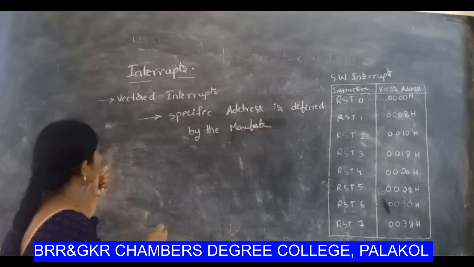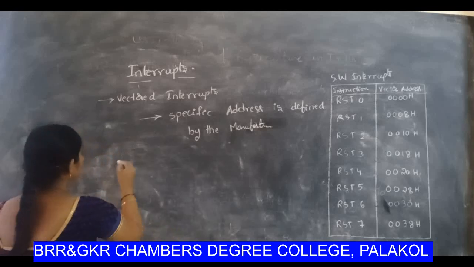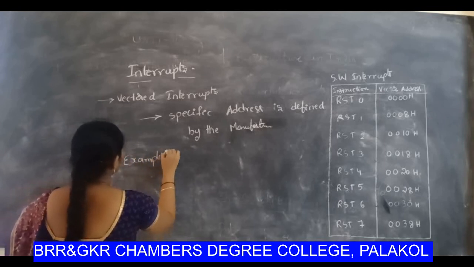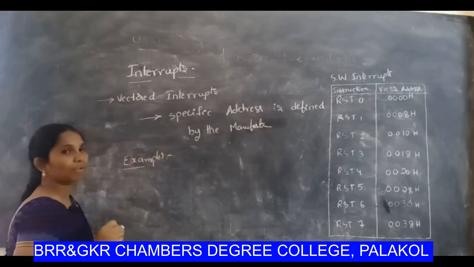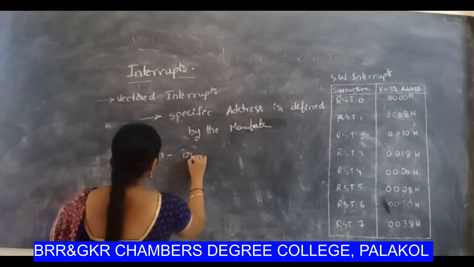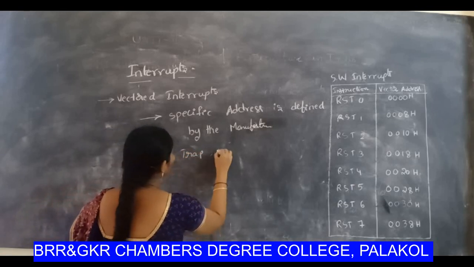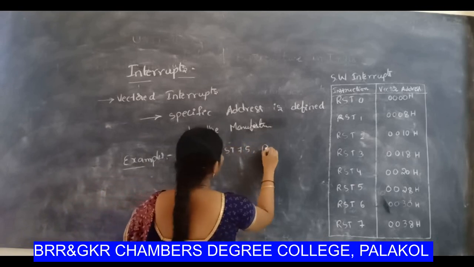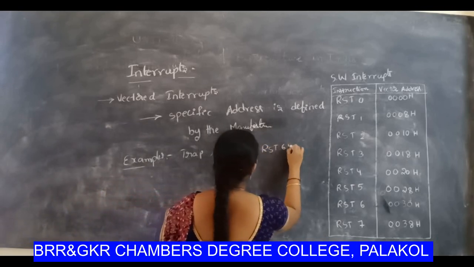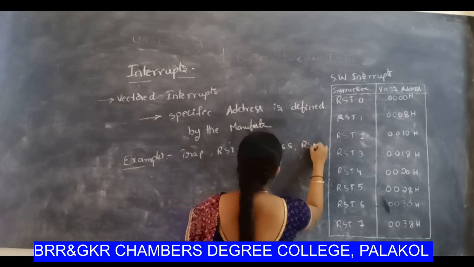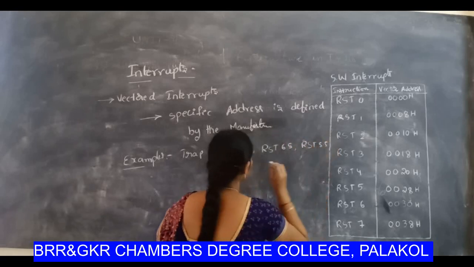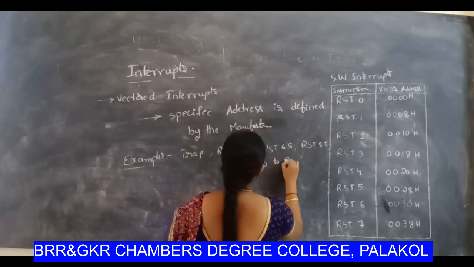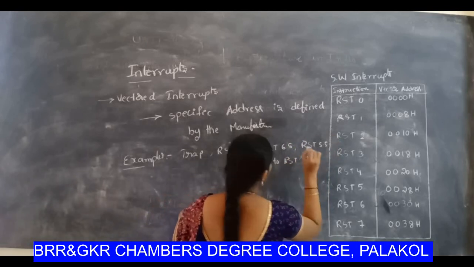The examples of vectored interrupts are TRAP, RST 7.5, RST 6.5, RST 5.5, and RST 0 to RST 7.